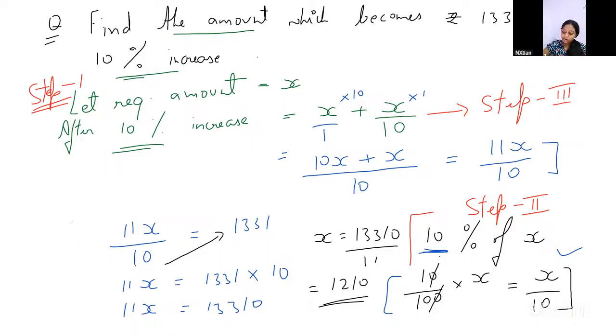This is step 4: we make an equation where we work with x as a number, then add 10% over it, which becomes 1331. So 1331 is on the other side. And this is the last step, calculating. Understood now?